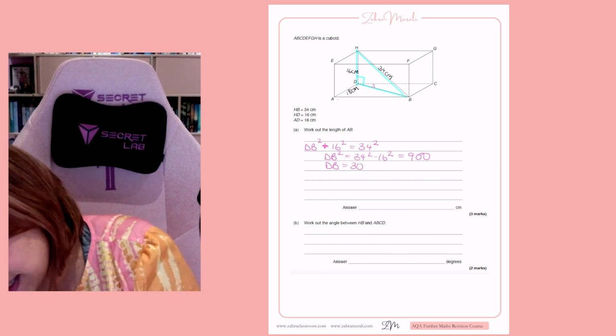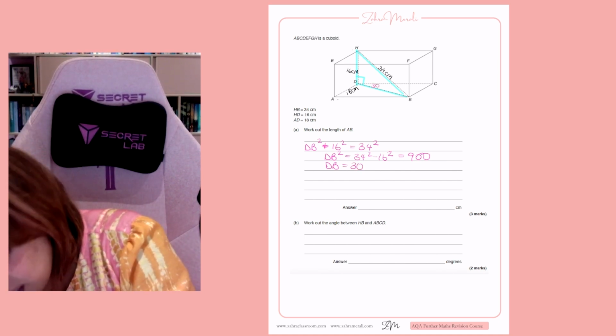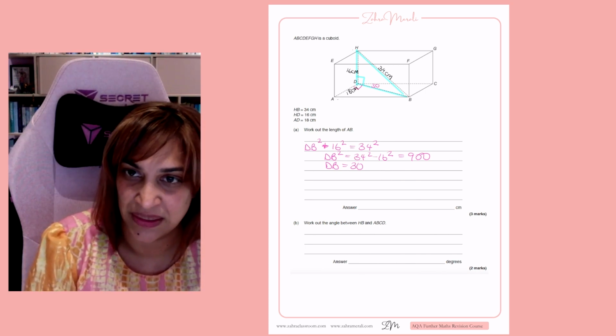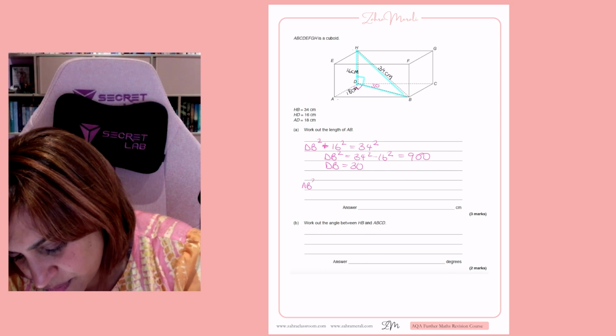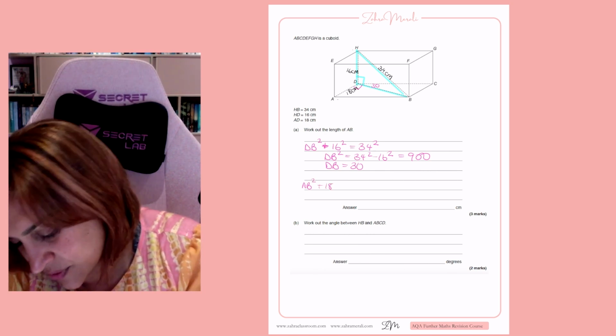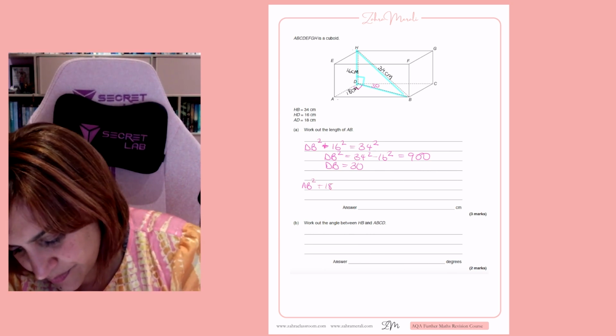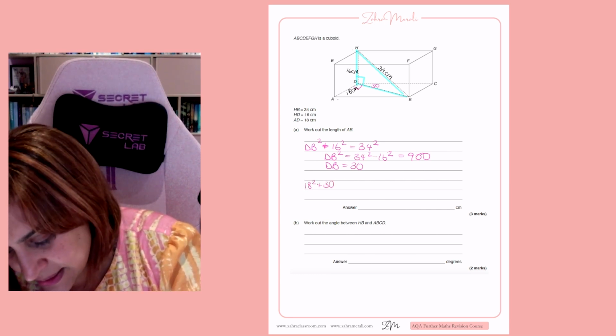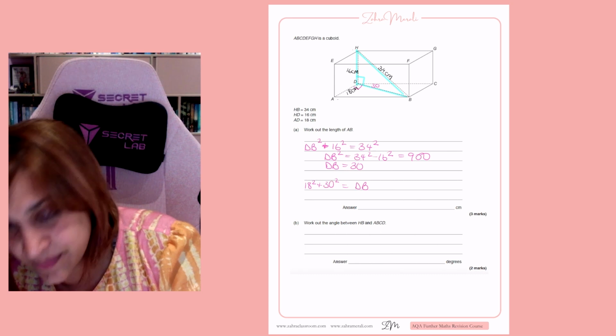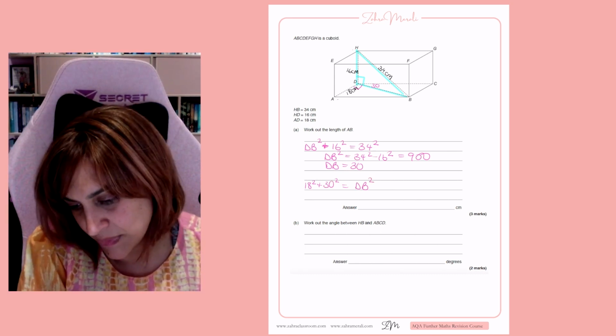So now we've got 30, and then we've got another right angle triangle. So if we want to find out AB squared plus 18... oh wait, sorry, AB is my hypotenuse. So 18 squared plus 30 squared equals DB squared, right?